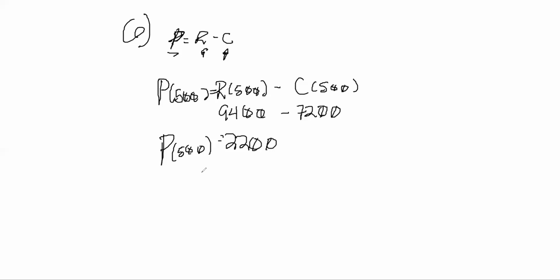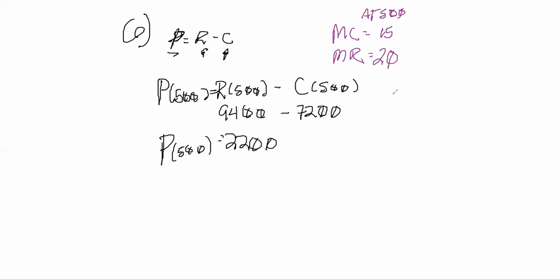Okay. So then, if production is increased from 500 to 501 units, by approximately how much does the profit change? We're going to start by doing this the long way. So we know that at 500, marginal cost is equal to 15, and marginal revenue is equal to 20.